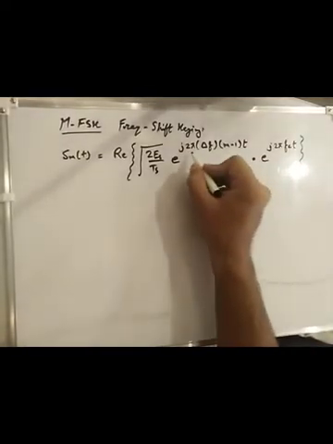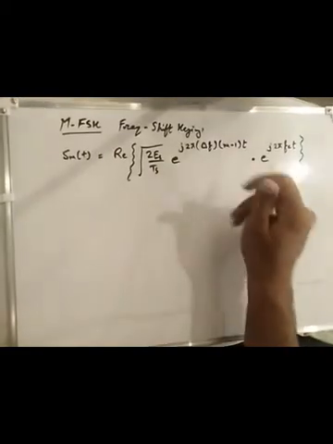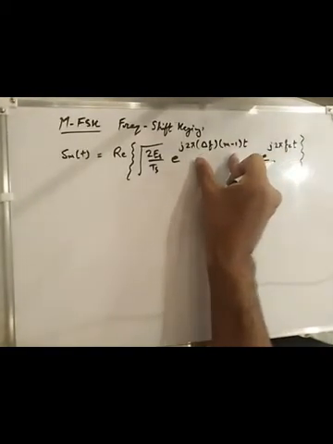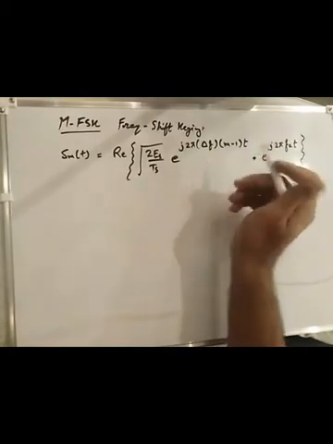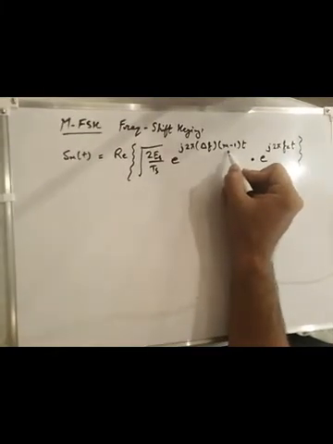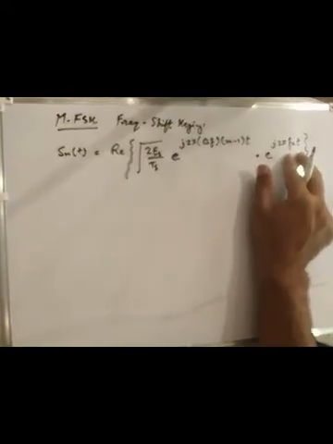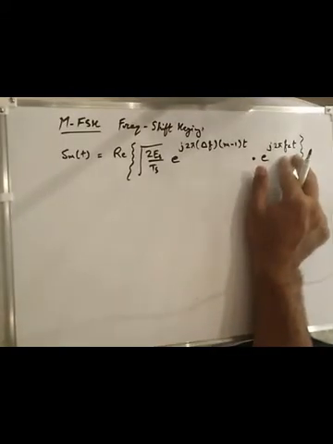I'll explain shortly what this exponential means. This basically is the frequency which is dependent on the message index m, and that frequency portion is added onto the carrier frequency fc, right?